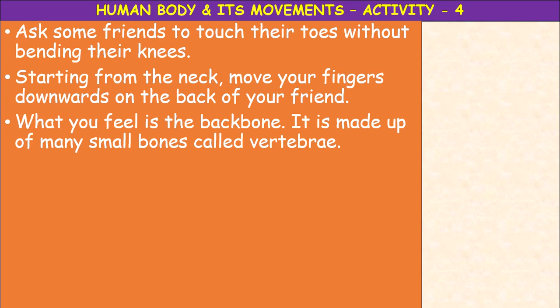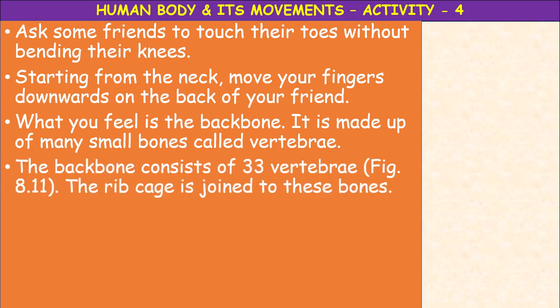There is a long bone, but it is not a single bone, it is made up of small bones called vertebrae. The entire structure is called backbone or vertebral column. The backbone consists of 33 vertebrae.